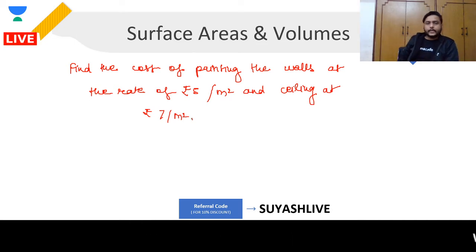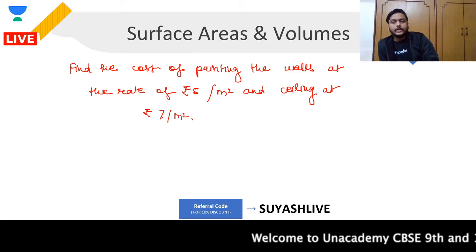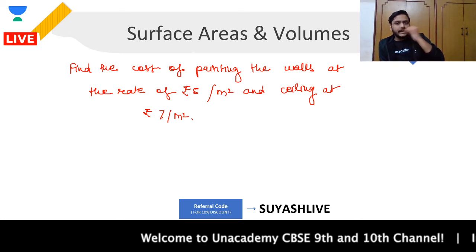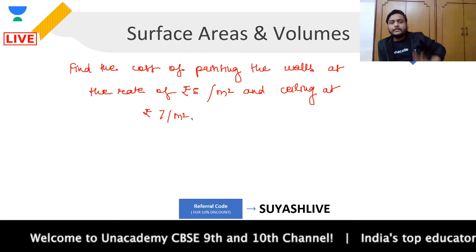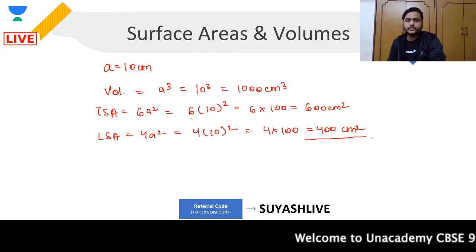Let's say this is what my question is, that I want to find the cost of painting the walls. I want to find out the cost of painting the walls at the rate of 5 rupee per meter square and ceiling at the rate of 7 rupee per meter square. That is what my question is.